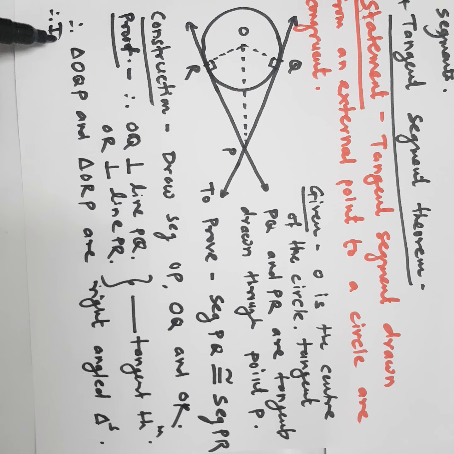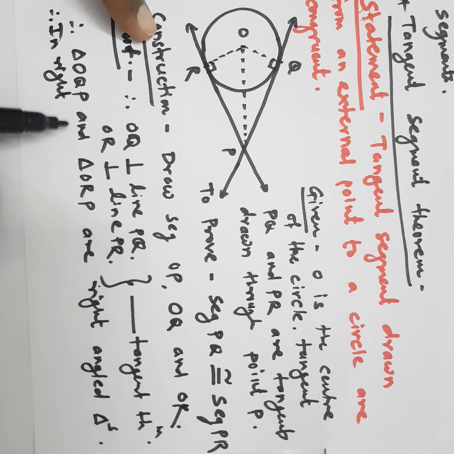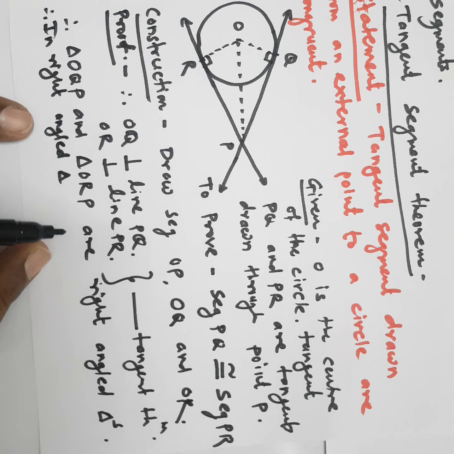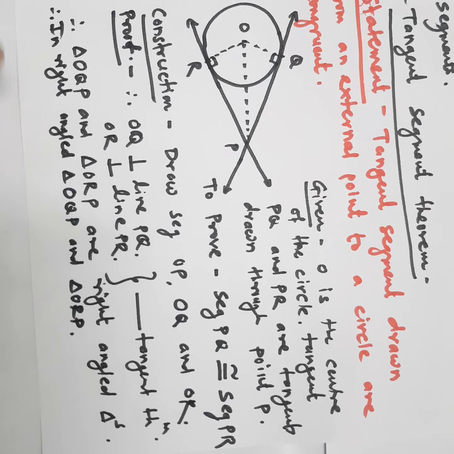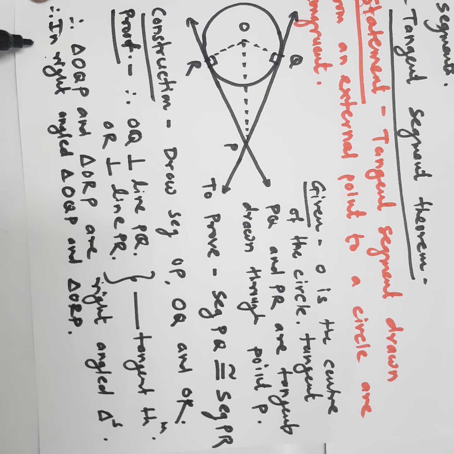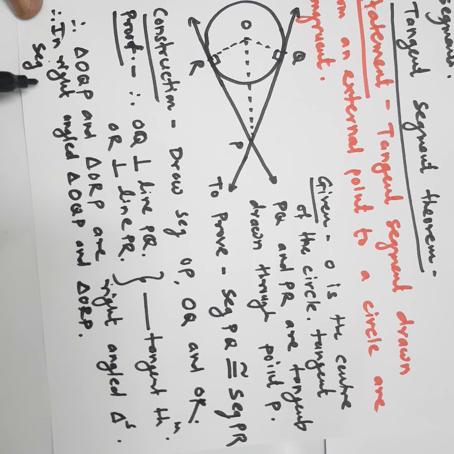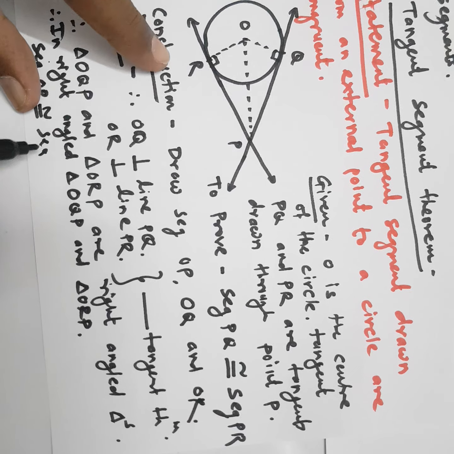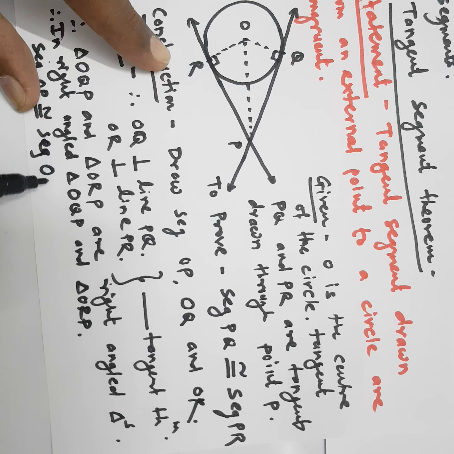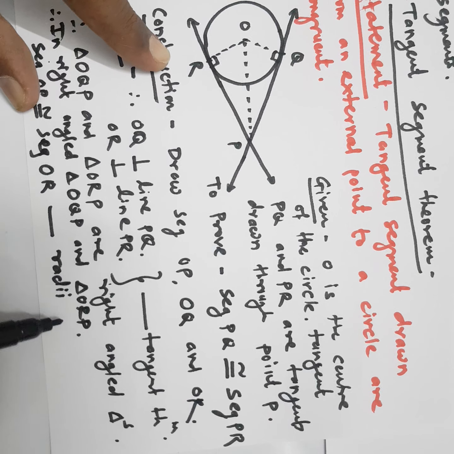Therefore, in right angle triangle OQP and triangle ORP, seg OQ is congruent to seg OR, radii of a circle.